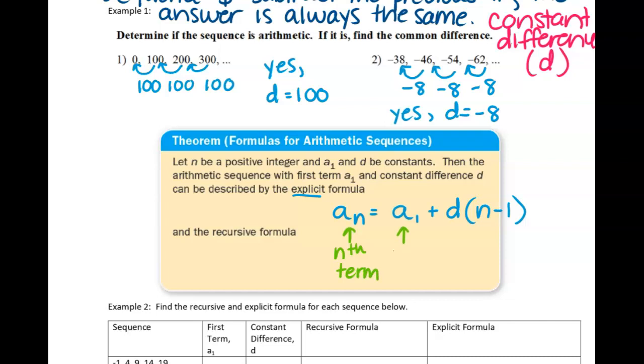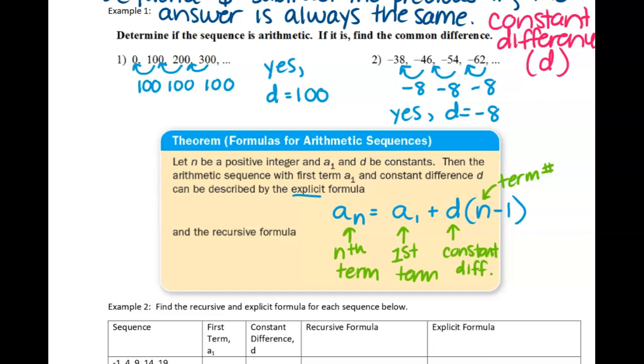A sub 1 is our first term. D is our constant difference. And n is the term number. So to get any given term, you take the first term and add the constant difference times n minus 1. Basically, it's n minus 1 because that first term was one of the terms.